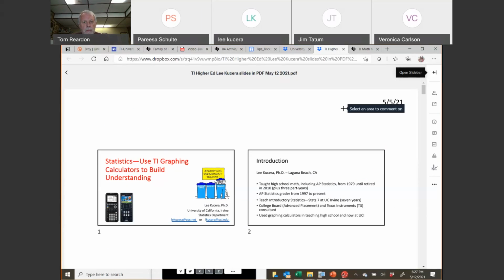It also just plain does a better job of the statistics. When I did a confidence interval, you don't get as much information off the 84. You only get the upper and lower bound. You don't get the margin of error. You have to figure that out by hand. It just gives you a lot more information. It's really a very strong statistics machine. It's not quite like using computer software, but it's amazingly close, and it's also extremely easy to input data into.